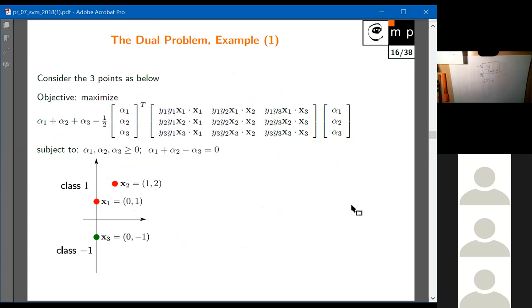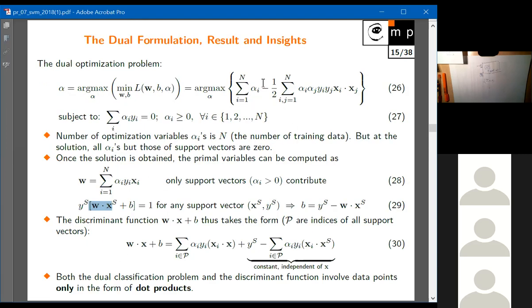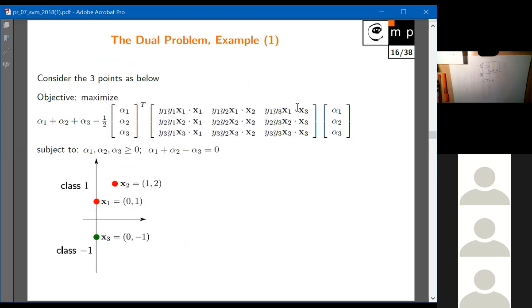Now an example. So here we have 3 points. If we look at this formulation, the sum of alpha i's, the things which we know are xi, xj, and we know yi, yj, which are plus minus 1.